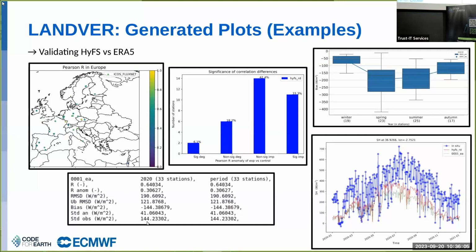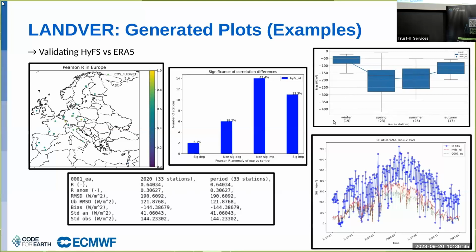So you can see this here for the year 2020, and 33 stations were used in the validation, so they had good enough data quality. And normally we do the validation for several years, and then you would see every year separately, and then the period is summarizing them. But here we use just one year, so they are the same. And then you see here in the upper right plot the bias based on the season. So there we see this well-known pattern already.